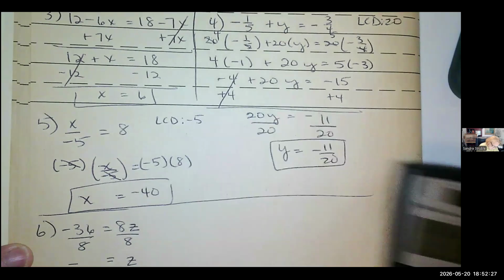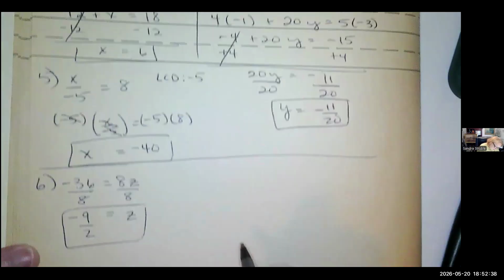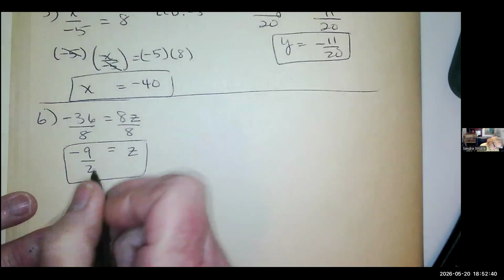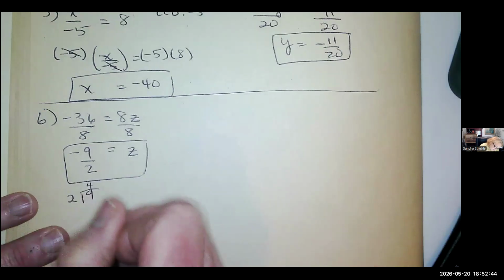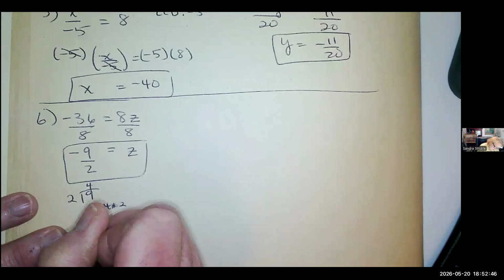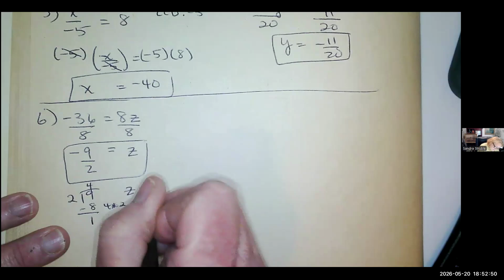They'll both reduce by 4, so negative 9 over 2. If you wanted to change that to a mixed number, totally cool. 9 divided by 2 goes in 4 times. 4 times 2 is 8. Subtract them. So that would be z is equal to negative 4 1/2.